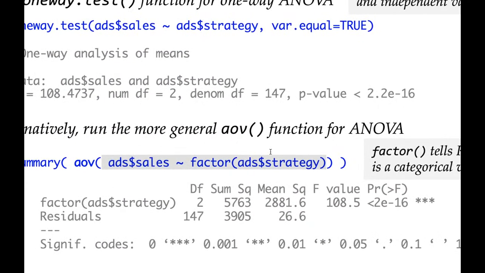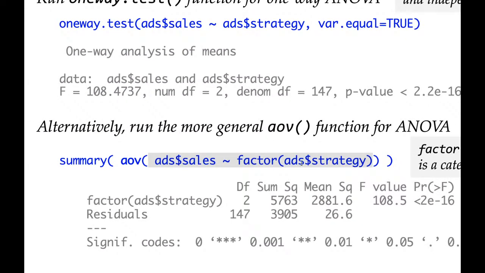Notice here, AOV assumes that this ad strategy, which is the numbers 1, 2, or 3, if you don't tell it otherwise, is a continuous variable. It's going to assume that 2 is better than 1, 3 is bigger than 2. But actually 1, 2, and 3 are just labels for these three treatments. These treatments are categorical. They're nominal. There's just three separate treatments.